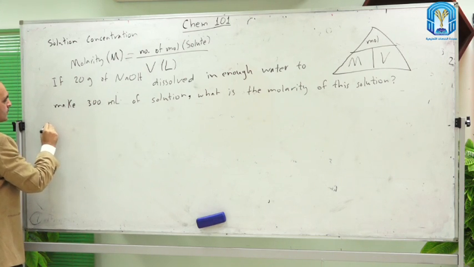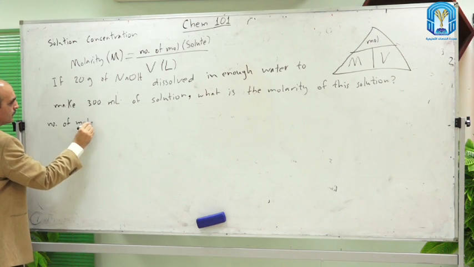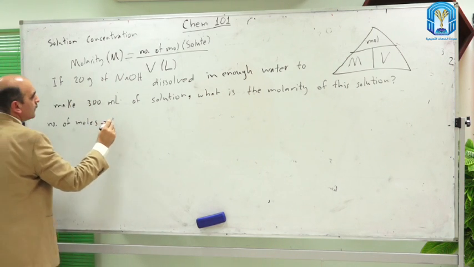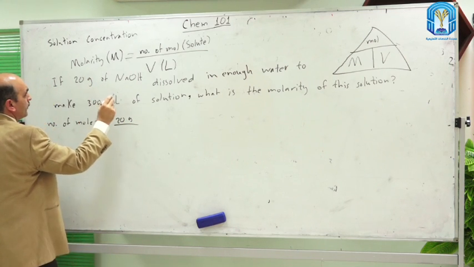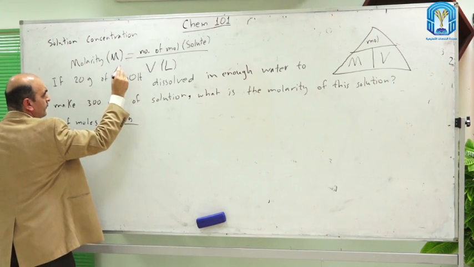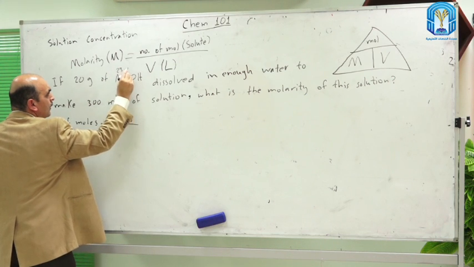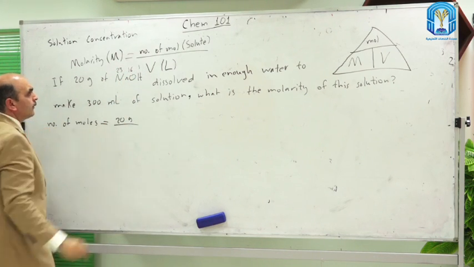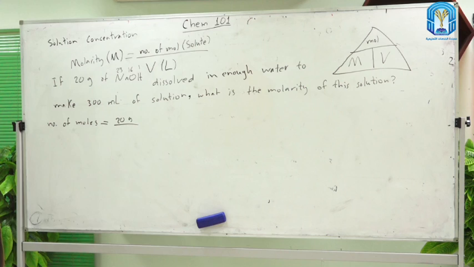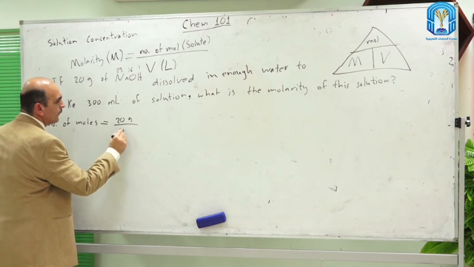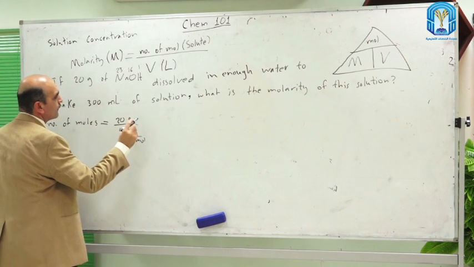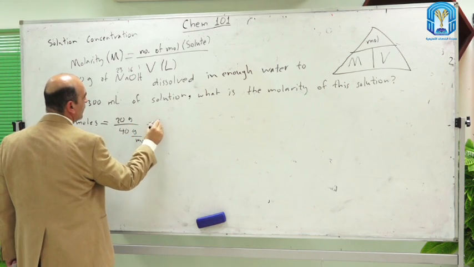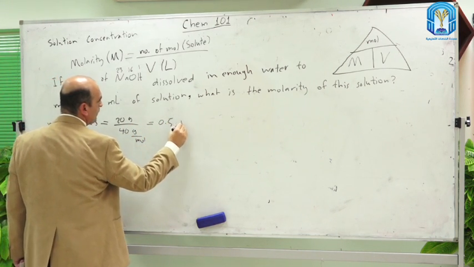So we have 20 grams, so number of moles equals the mass, 20 grams, divided by molar mass, in here NaOH. Sodium we have 23 gram per mole, oxygen 16, and hydrogen 1 gram per mole. So the total is 40 grams per mole. And this is equal to 0.5 mole.